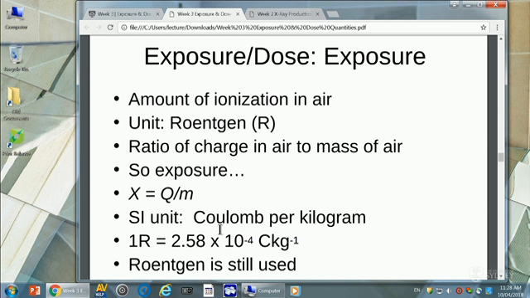That's simply how it works. It's about air being ionized and then measuring the number of ionizations that has taken place. And that's exactly how this DAP meter works. It's measuring the amount of ionization in air.